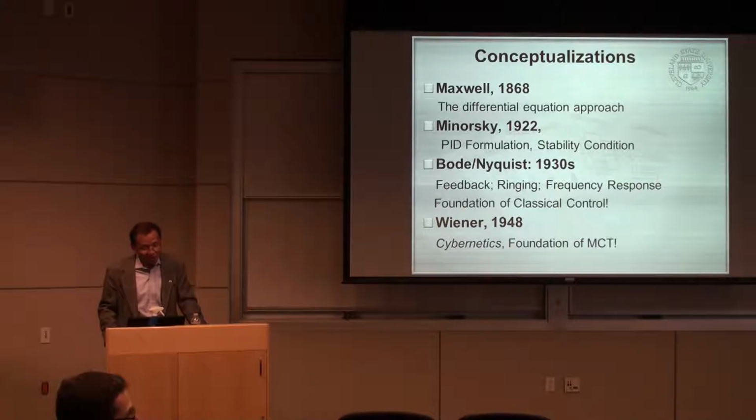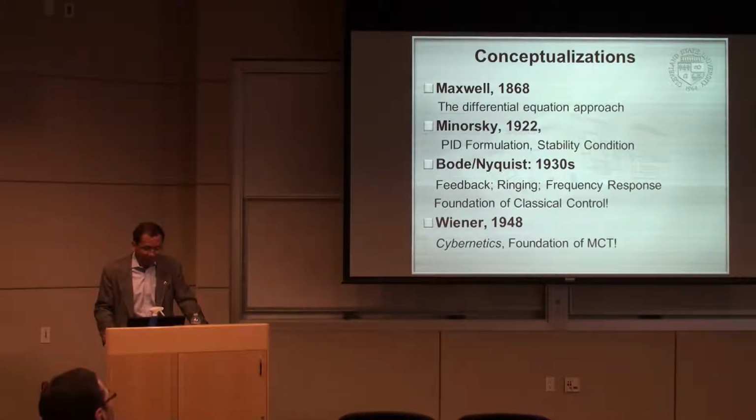But the greatest work happened in the 1930s when Bode and Nyquist conceptualized Harold Black's feedback amplifier invention, and that I think was what finally got him over the hump in getting the invention approved.